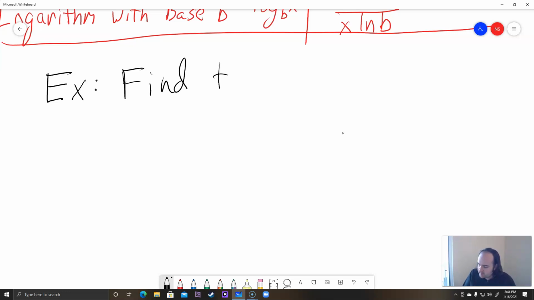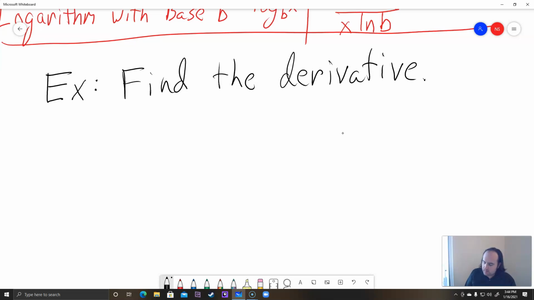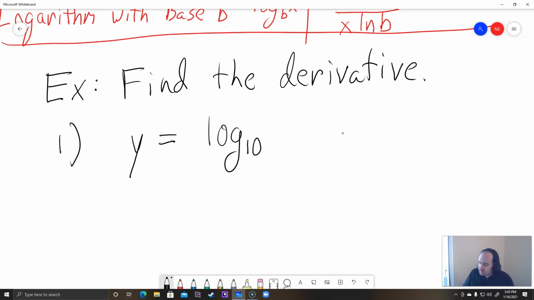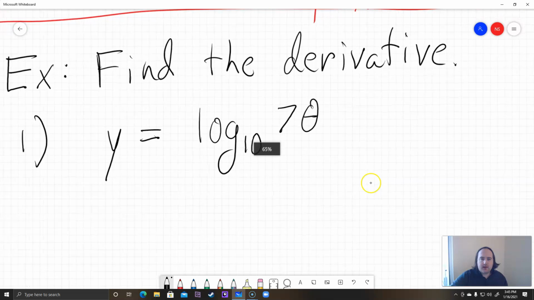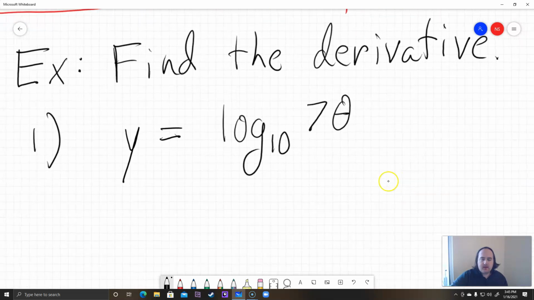Okay, so example. Find the derivative. Okay, number 1. New example here. Let's find the derivative of y equals log base 10 of 7 theta.